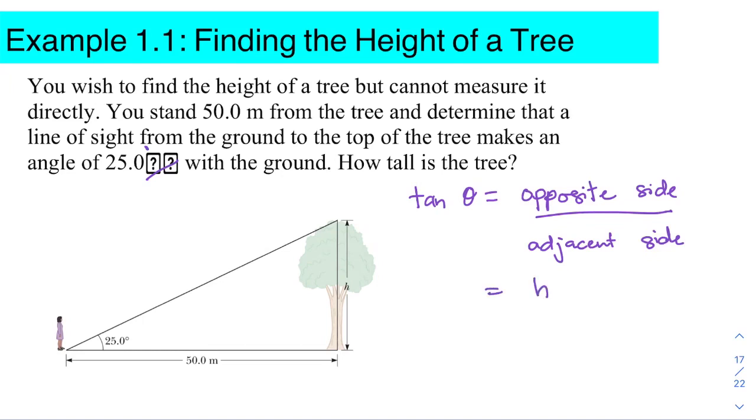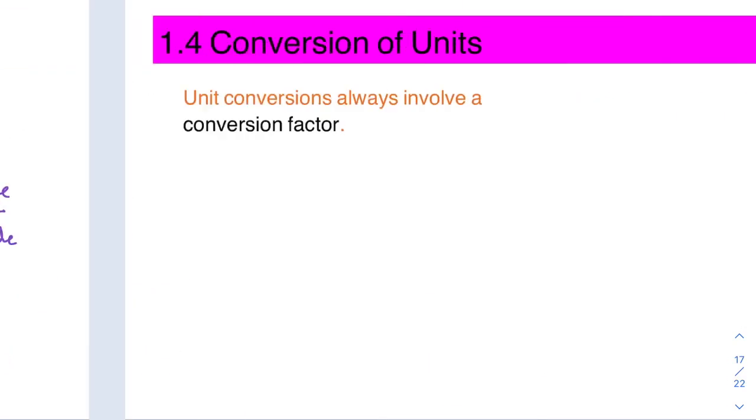So you're going to have h, which is the unknown that we want to settle, over 50 meters. Tangent, what is the angle here? 25 degrees. So the h itself is 23.3 meter. This is one of the applications.